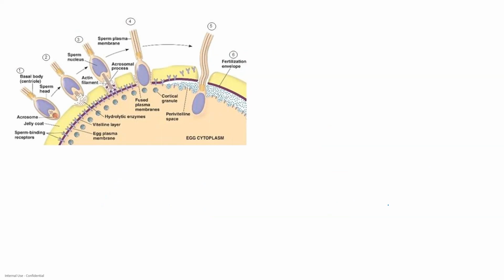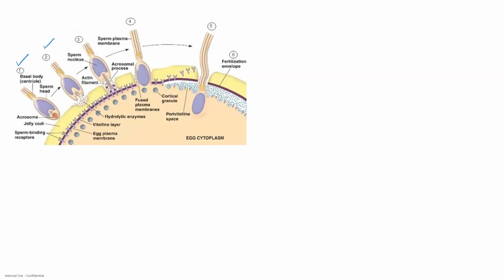Before you learn about the fast and slow block, just take a look at this one. See, this is a nice picture and it is labeled very nicely, sequentially. First, see what happens. This is the first one. The sperm comes very near to the egg. The content is not yet released. In the second step, the content, the hydrolytic enzymes and all, comes out and the actin filament forms here.